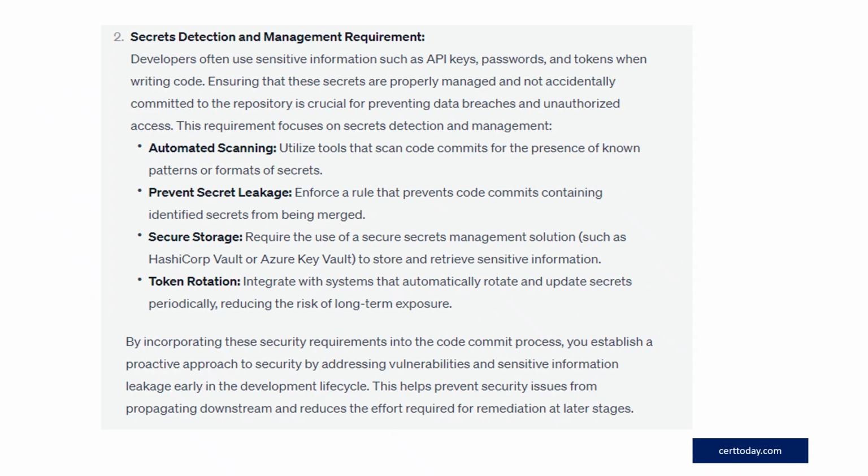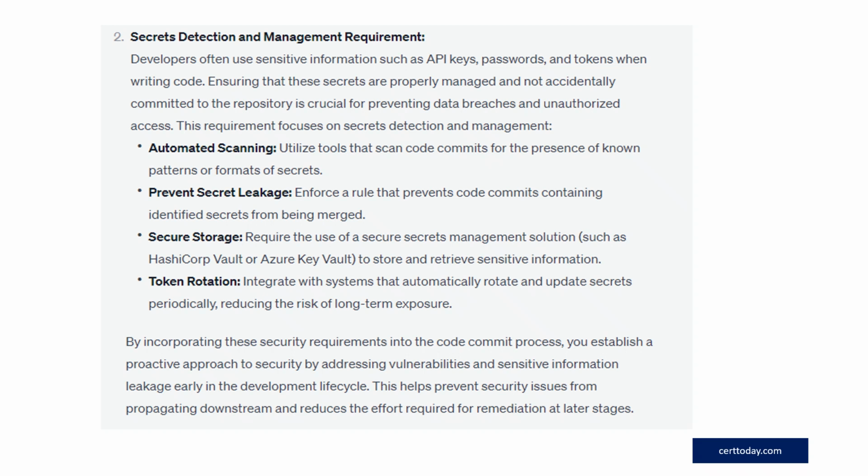The other important part is the secrets detection and management requirement. This requirement focuses on secrets detection and management through, again, automated scanning, preventing secret leakage, secure storage, and token rotation.